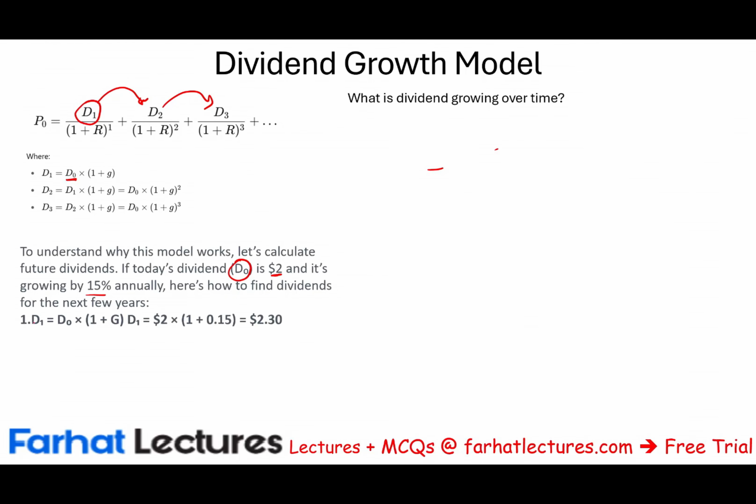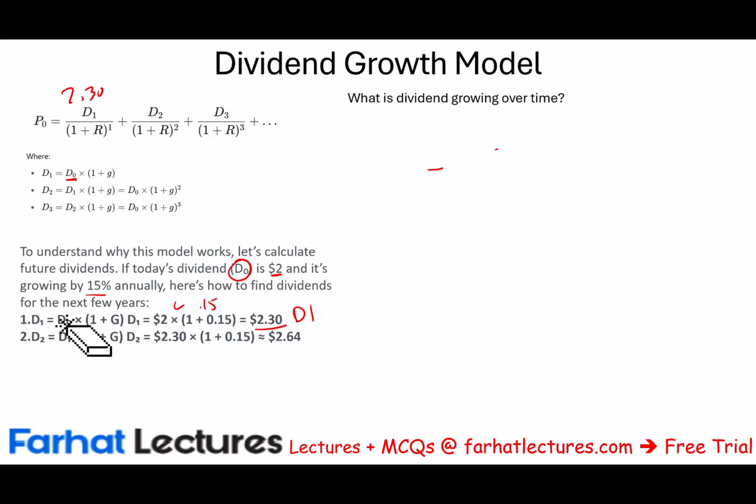Well, D1 equals D0 times 1 plus the growth rate. D1 equals $2, this is D0, times 1 plus 0.15, which is 1.15. D1 equals $2.30. Now we figured out D1, $2.30. How about if we want to find D2?